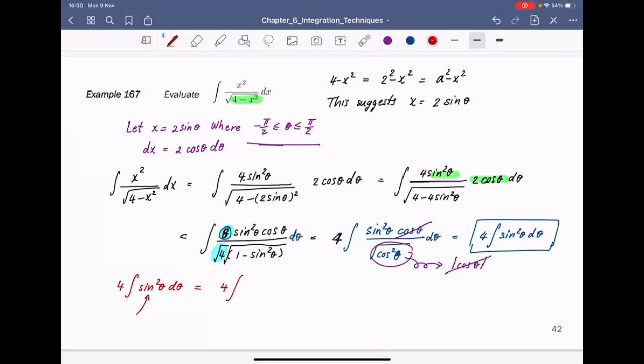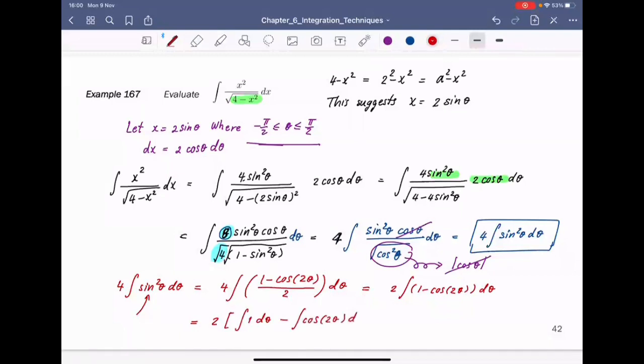So you have no choice, you have to use the identity: 1 minus cosine 2 theta over 2 d theta. And then 2 and 4 are gonna cancel one time. So you get 2 times the integral of 1 minus cosine 2 theta d theta. And that is 2 times the integral of 1 d theta minus the integral of cosine 2 theta d theta.